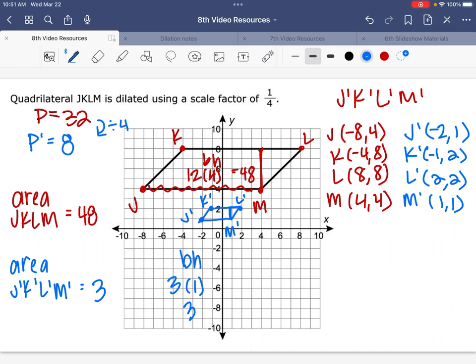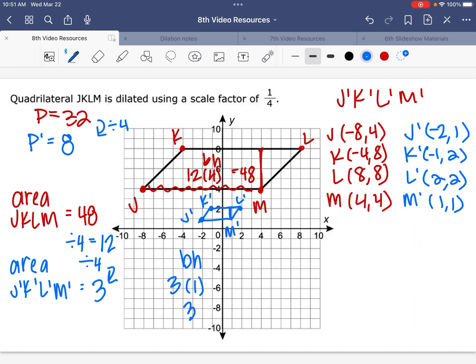Well, that's a lot different than just dividing by the scale factor to find the new perimeter. Because if I divide 48 by 4, I get 12. But I have to divide by 4 again to get 3.